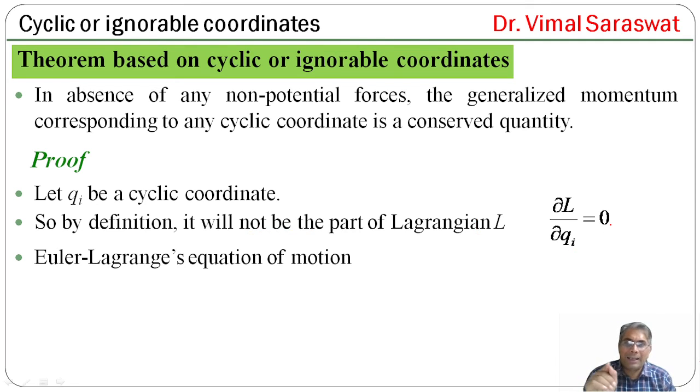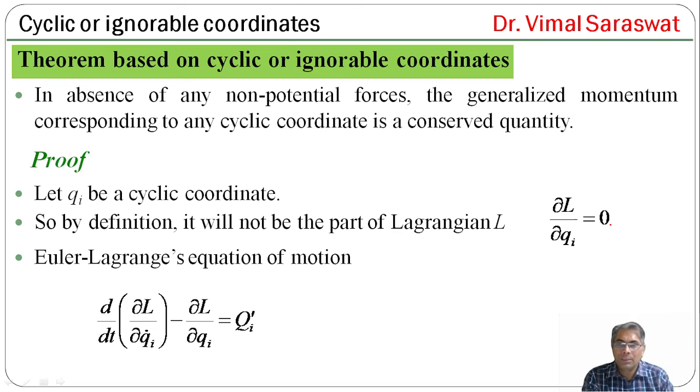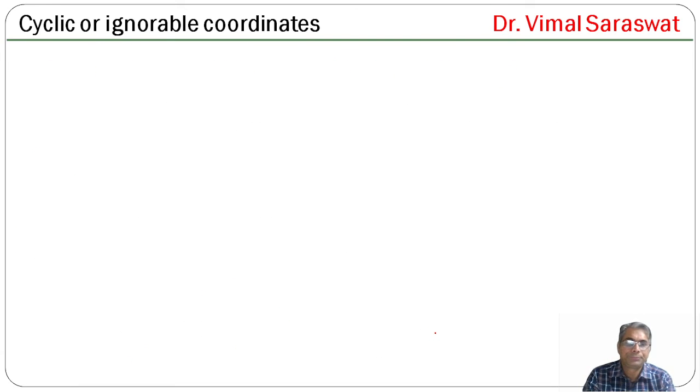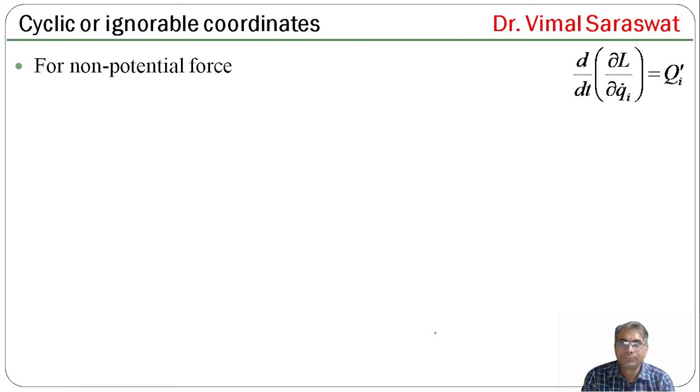Now, Euler-Lagrange's equation of motion is d by dt of del L upon del Qi dot minus del L upon del Qi equals Qi dash, and del L upon del Qi is 0. It means d by dt of del L upon del Qi dot equals Qi dash. Now, for non-potential force, Qi dash is 0.